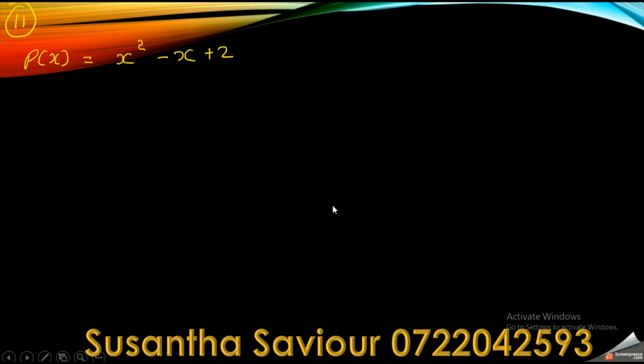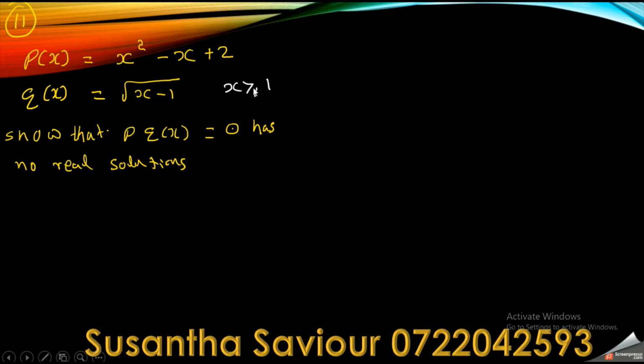There's another example. p(x) equals x squared minus x plus 2. q(x) is equal to root of x minus 1 with this domain restriction. Show that pq(x) equals 0 has no real solution.